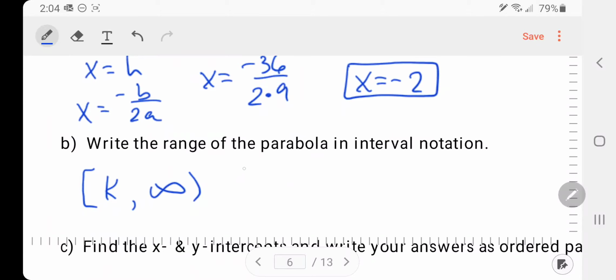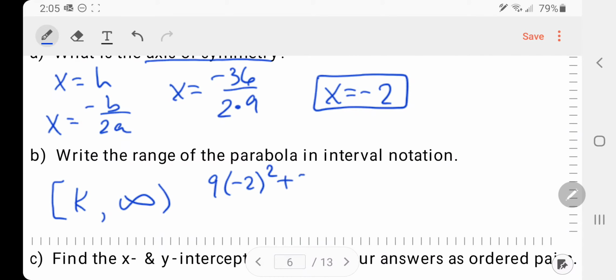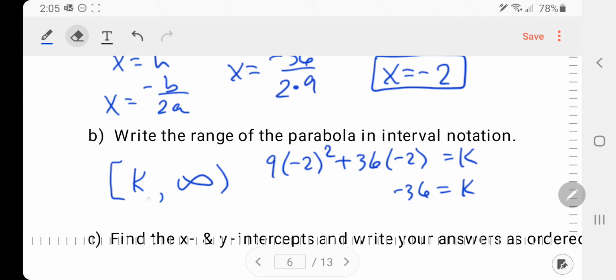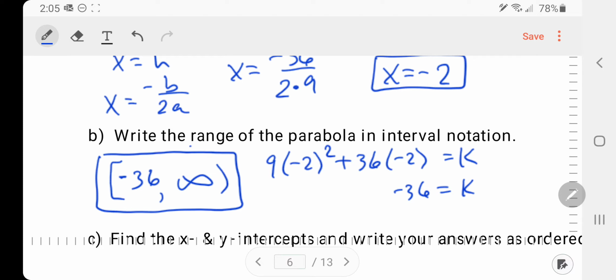All of this is going to give us k. 9 times -2 squared plus 36 times -2 is -36. That is k. And so the range is -36 to infinity.